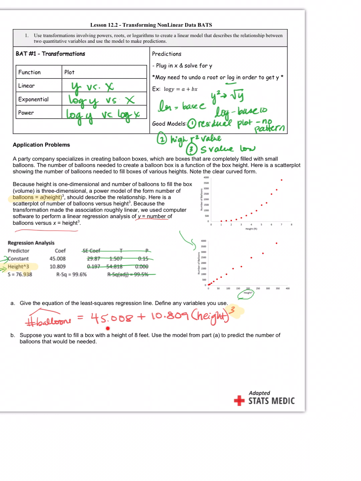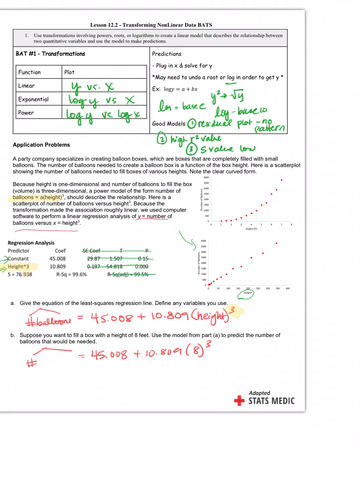Okay? Now, that being said, suppose you want to fill a box with a height of 8 feet. Use the model from part A to predict the number of balloons that would be needed. Okay, a box of 8 feet tall. That's a really tall box, isn't it? It's a lot of balloons, so we won't be surprised if there's a large number involved here, right? So let's plug that in. 8 cubed.